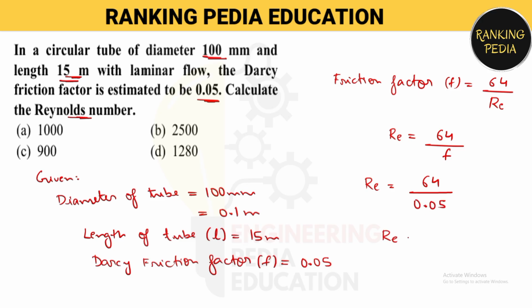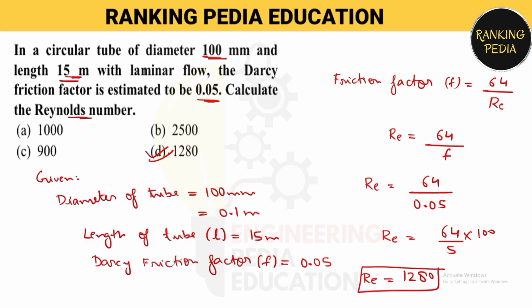After calculating 64 by 0.05, Re is equal to 1280, which is the final answer. 1280 is the value of Reynolds number. Option number D is correct.